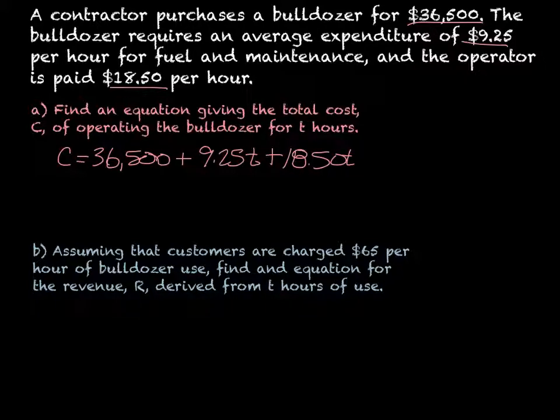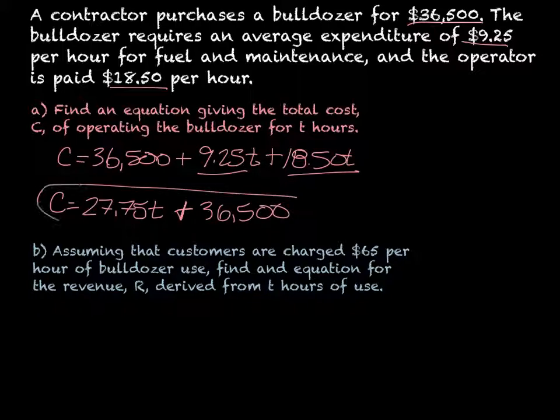So I just combine my like terms, and I have C equals $9.25 plus $18.50, which is $27.75 T, plus the original cost, $36,500. So that is the cost of operating the bulldozer for T hours.